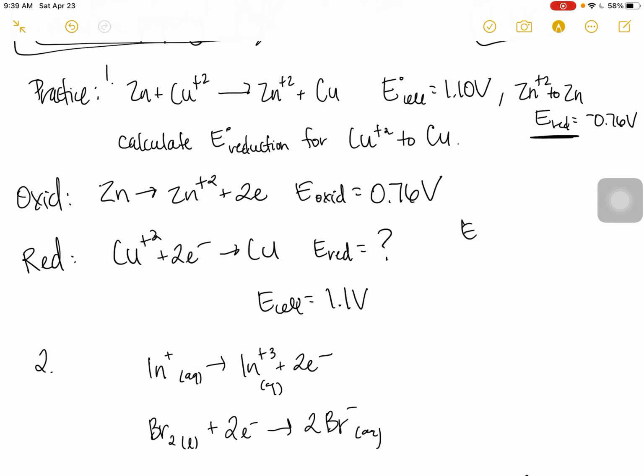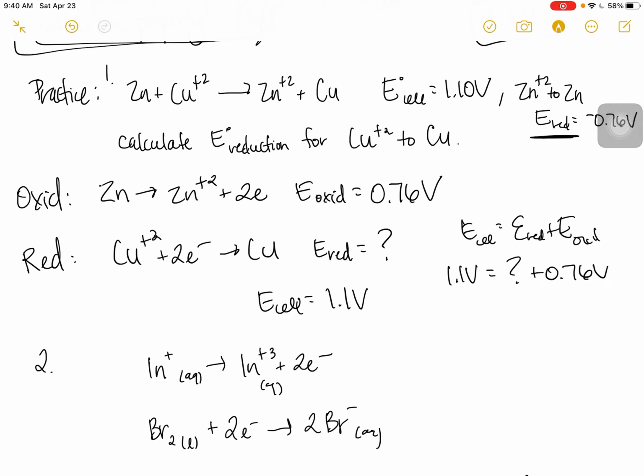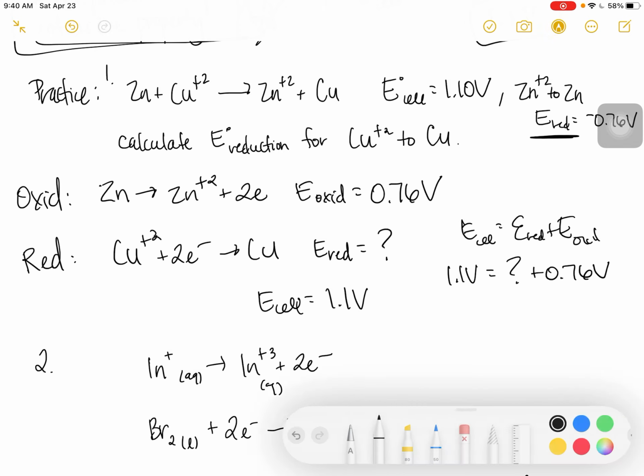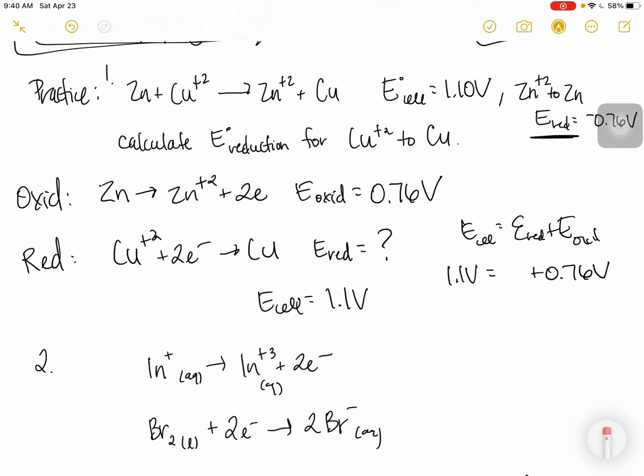And I know that E of the cell is 1.1. So this is where we say, okay, well, we know E of the cell is E reduction plus E oxidation, 1.1 volts equals question mark plus 0.76 volts, right? Or I guess I should have said X. That would have been better.